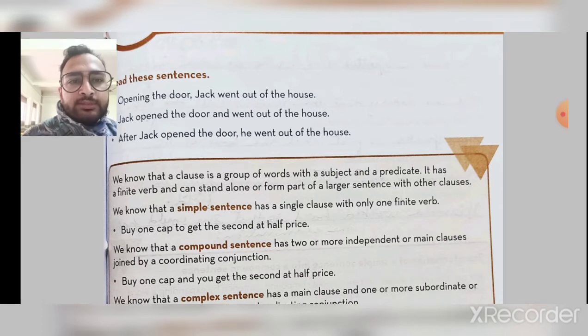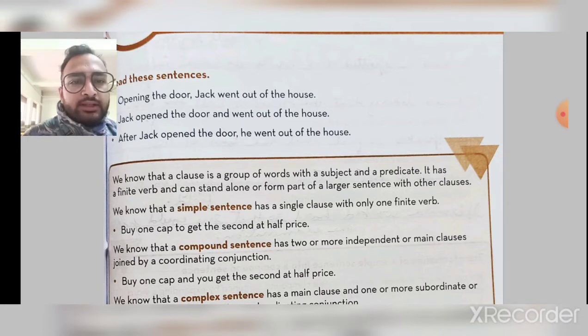A simple sentence has a single clause with only one finite verb. We have already seen it before. For example: buy one cap to get the second at half price. You can see one single clause and one finite verb.